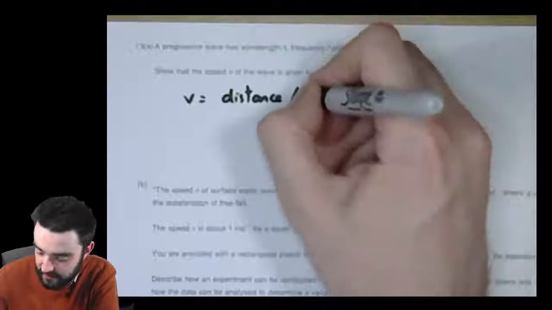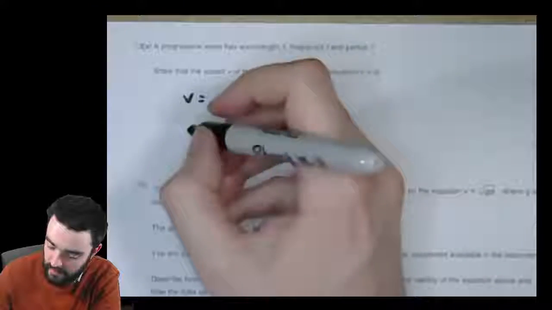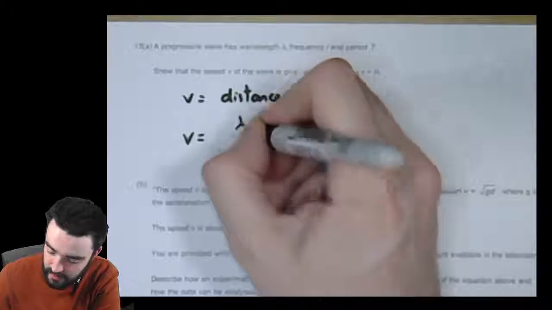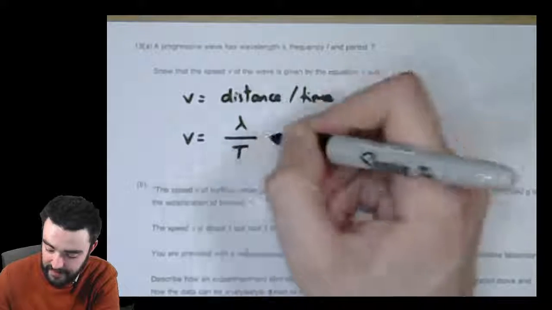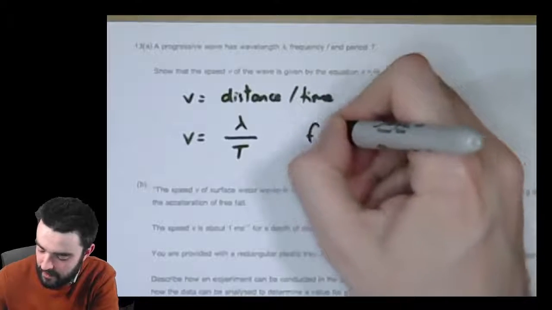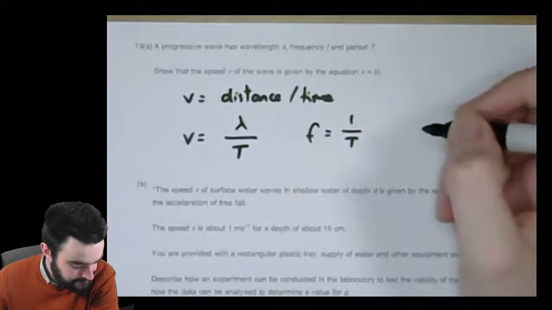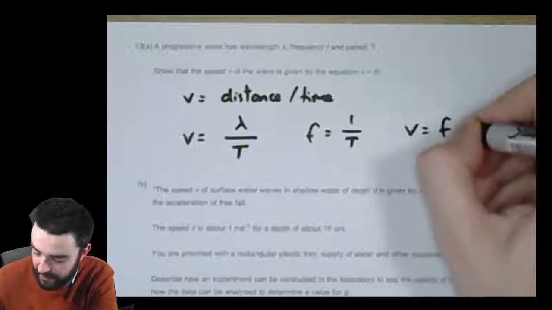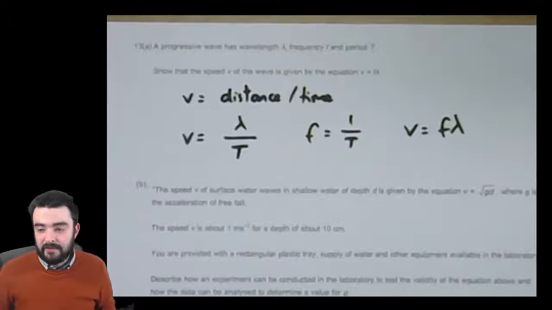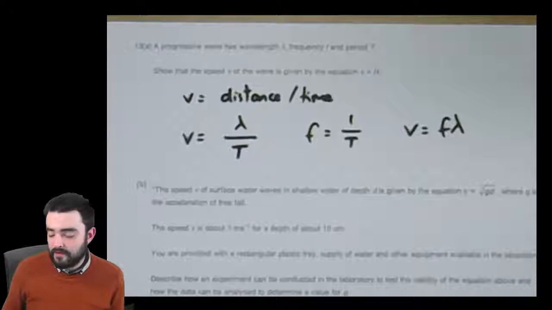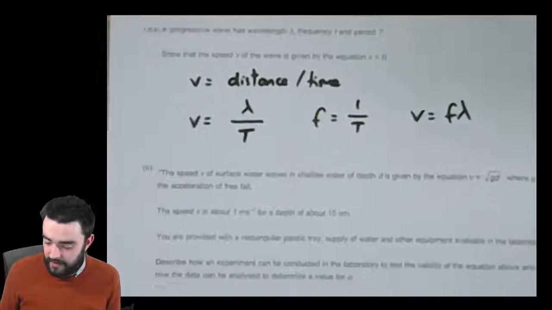So v is equal to lambda, that's the distance of one complete wavelength, divided by T, the time period. f equals 1 over T. So v is equal to f lambda. Again, same as before. If you want to see a more complete one, have a little look back.